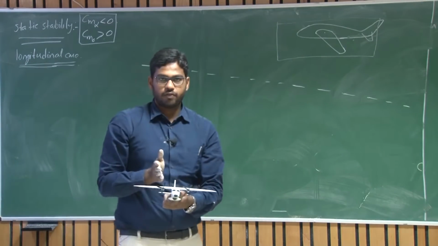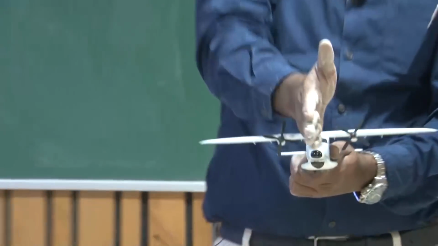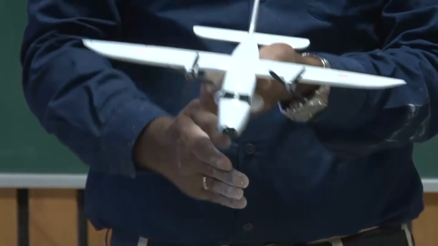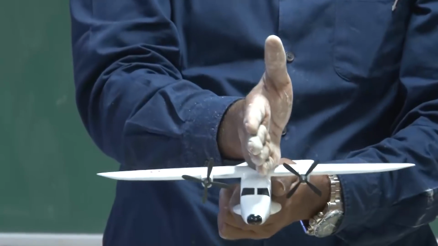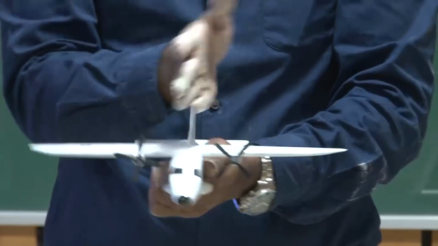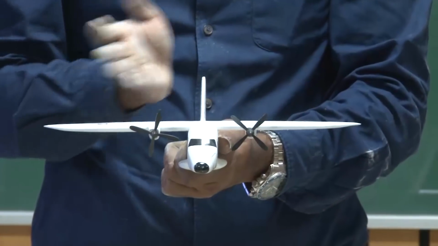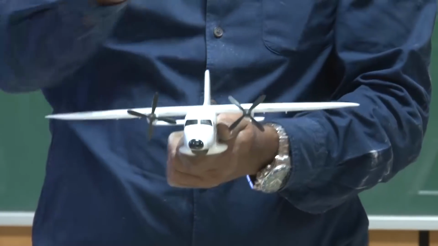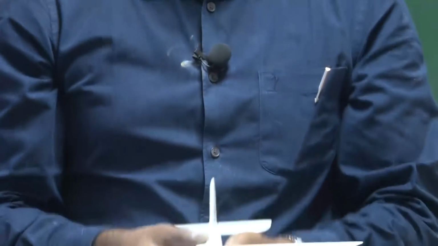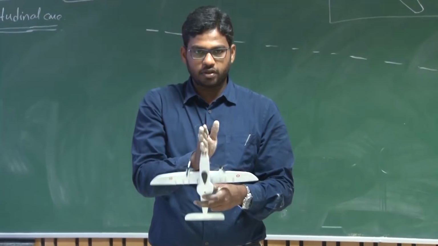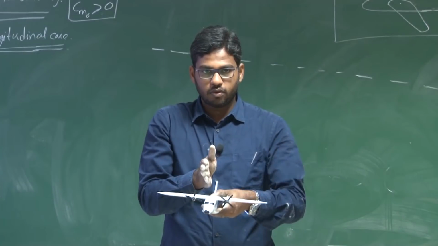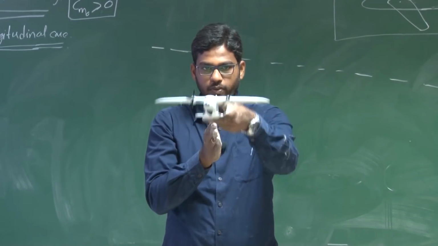If we take a vertical plane cutting this aircraft exactly at the center line, about this plane you have a symmetry. The motion along this plane of symmetry is the longitudinal motion. In this vertical plane it can pitch up, pitch down, that means a rotation, go front and back, move up and down.